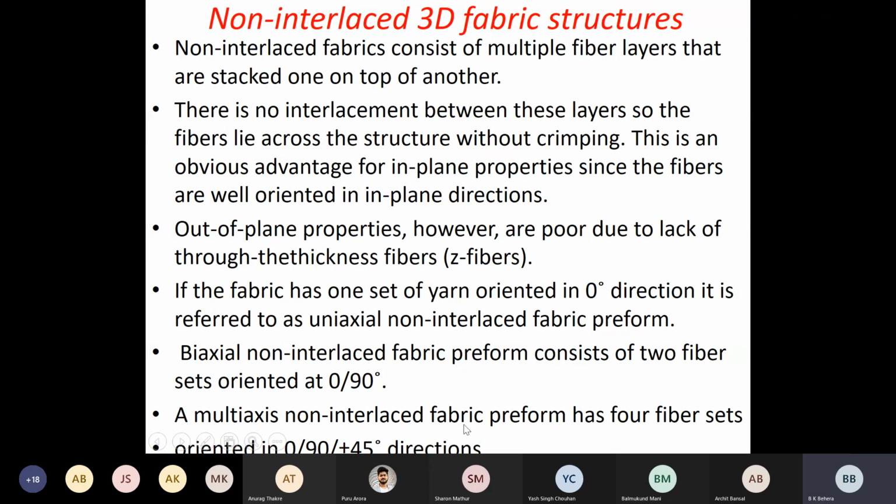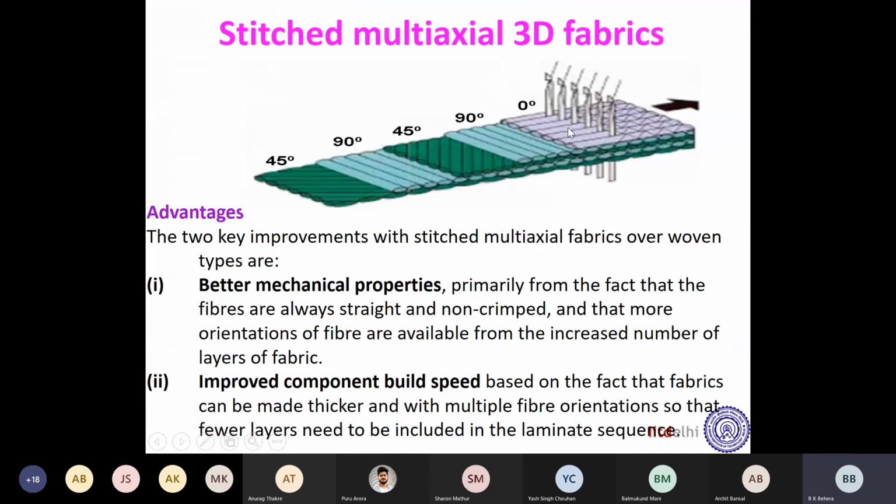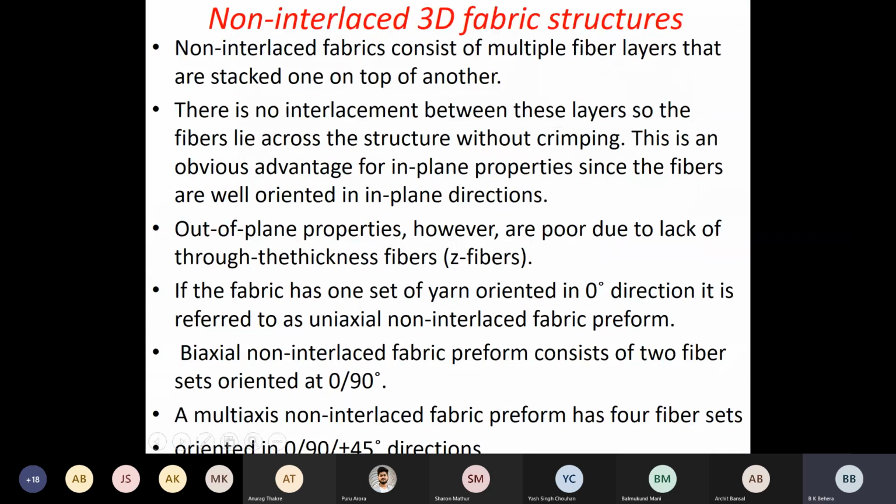So multi-axial fabric, you have a lecture subsequently. We will discuss this multi-axial weaving, but it is written here in the context of 3D. As you can see, 0 degree means uniaxial, 90 and 0 combined means biaxial, plus minus 45 degree, so that as a whole you get a multi-axial fabric, and that is definitely an advantage.